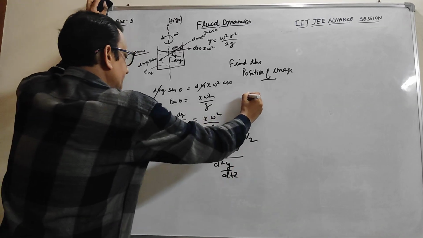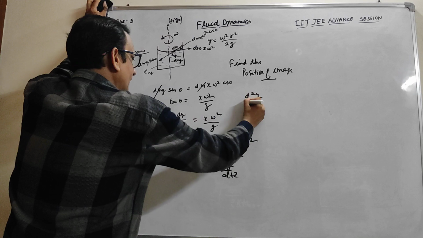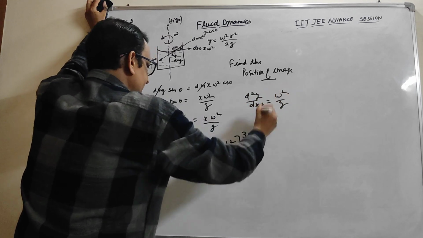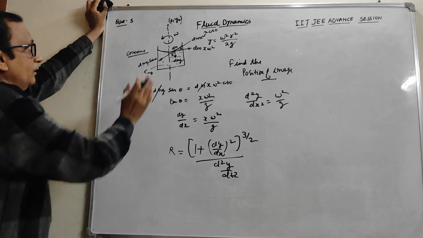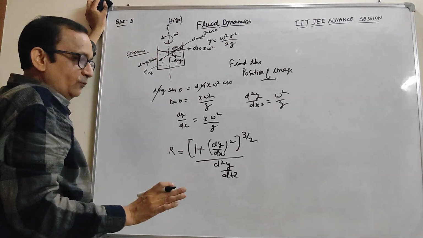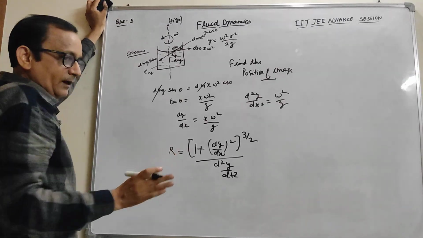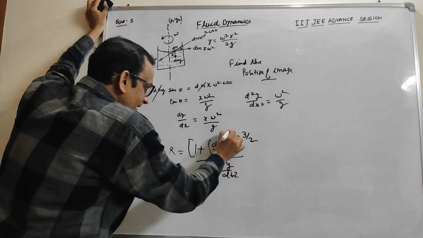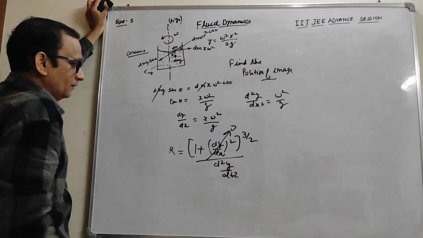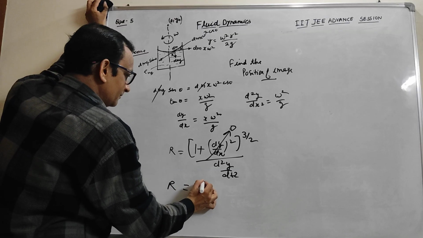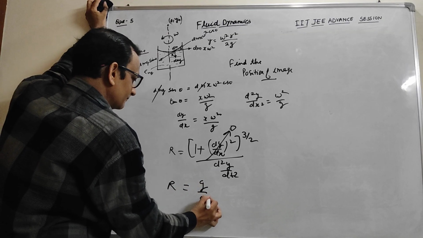Double differentiation of this term gives d2y over dx square equal to omega square by g. And we know light rays are always paraxial; the formula in optics is given only for paraxial rays. For paraxial rays, this term would be 0. So the radius of curvature becomes g by omega square.